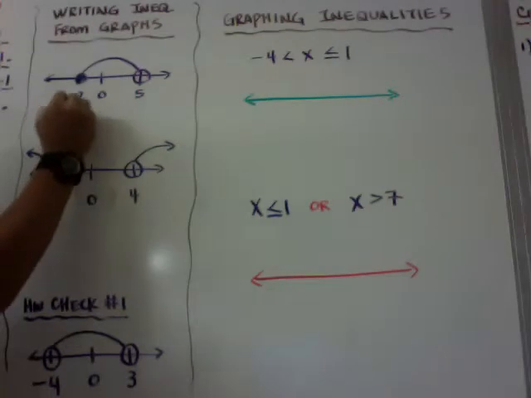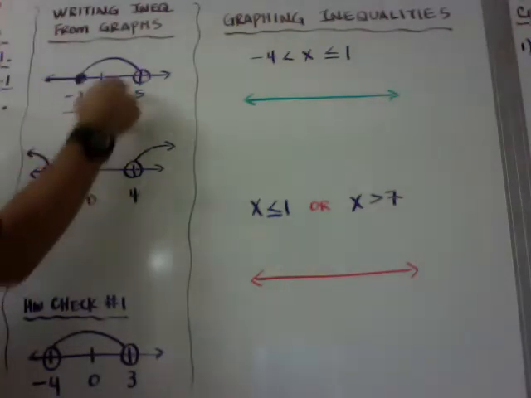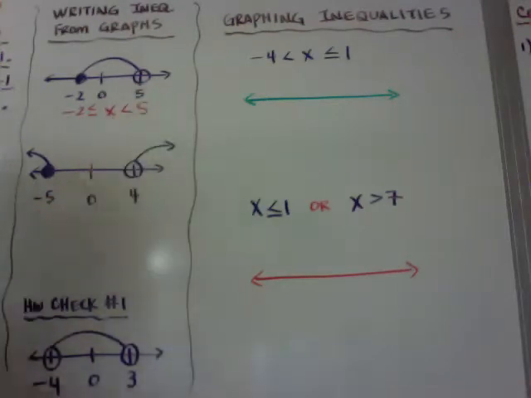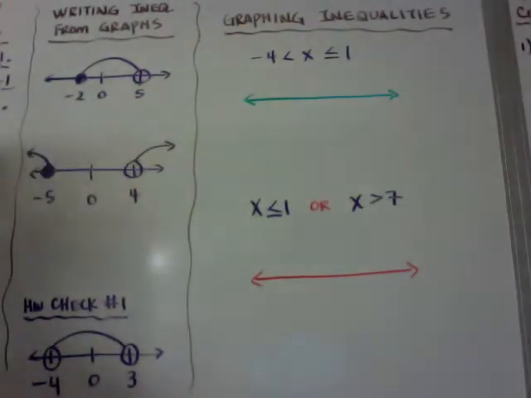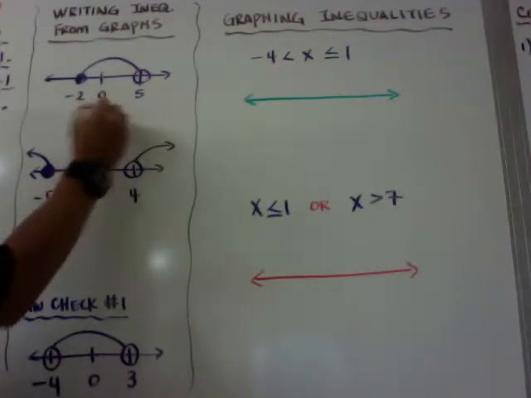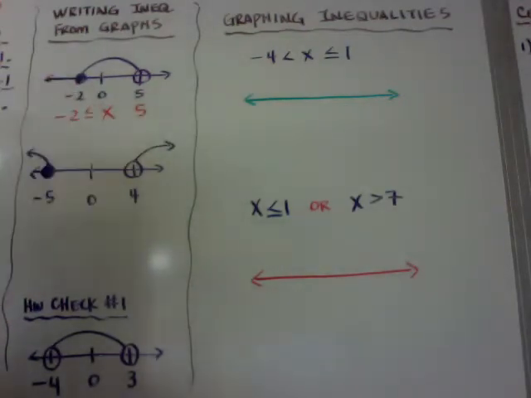You just go -2, and I can see it's a closed circle, so it's going to be less than or equal to x. Open circle is less than 5. If this is a closed circle, I just make it "or equal to". So all I do is put the x in the middle, drop down these two numbers, and if it's a closed dot, make it less than or equal to, open dot, less than, and you are done.